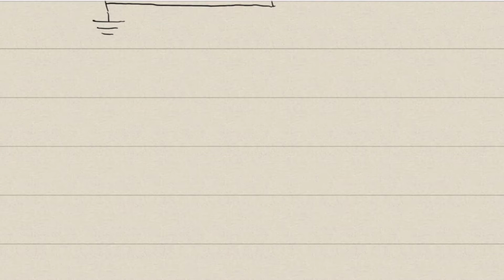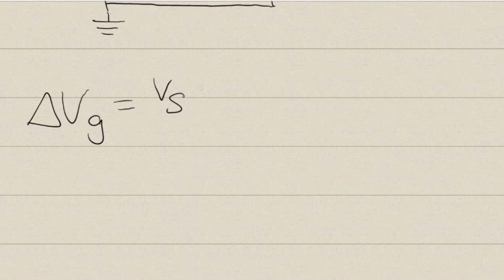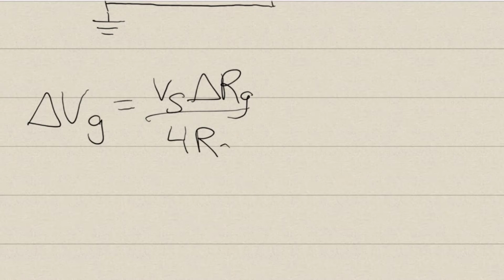For a quarter bridge, delta VG equals Vs, the source voltage, times delta RG, where RG is the resistance of the strain gauge, or the resistance of your unknown element, all over 4RG.